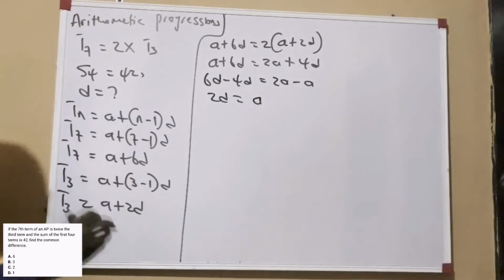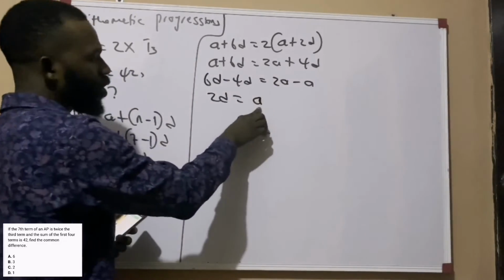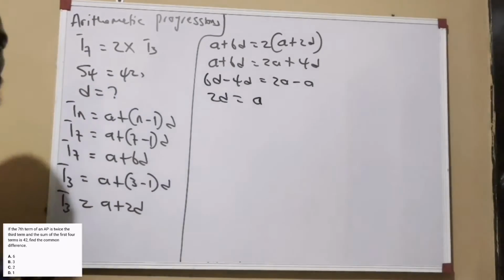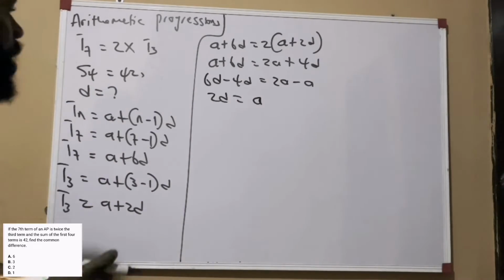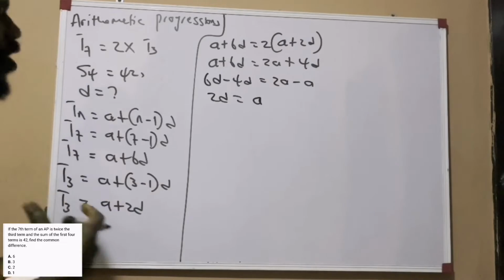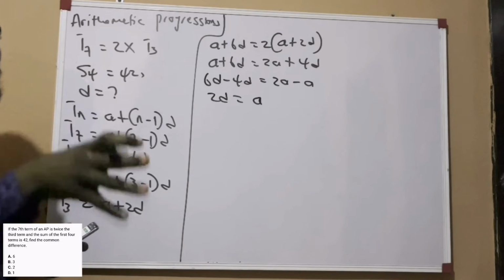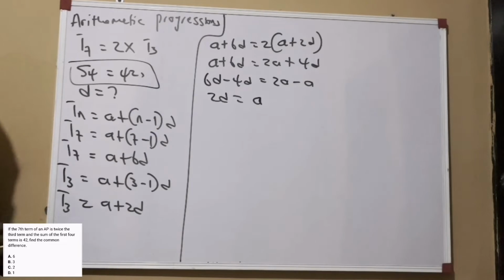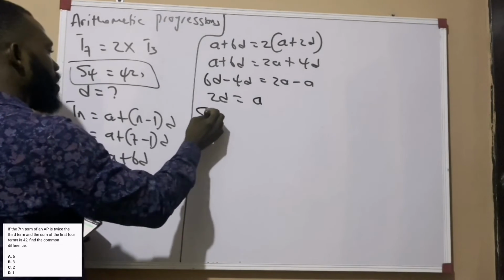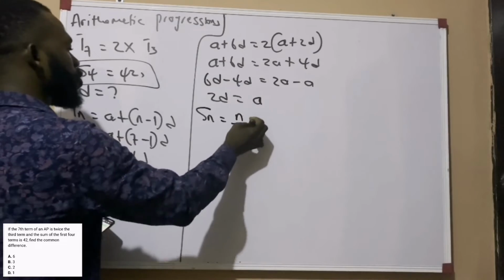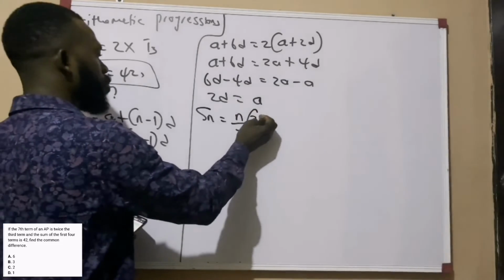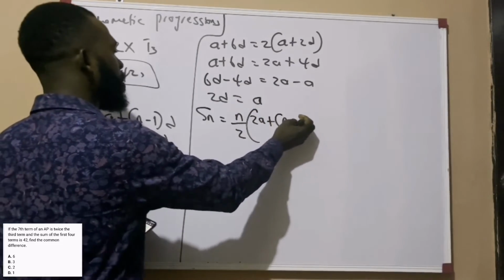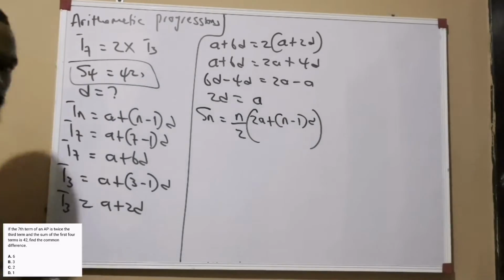So what does that mean? It means our first term, which is a, is equal to what? 2d. Now that we've gotten our first term, let us look for the common difference. And what are we going to use to get the common difference? We are going to make use of the sum formula, which says Sn is n over 2 into the bracket of 2a plus n minus 1 d.